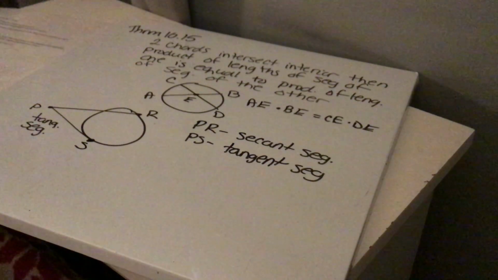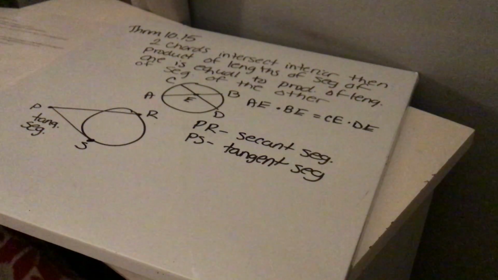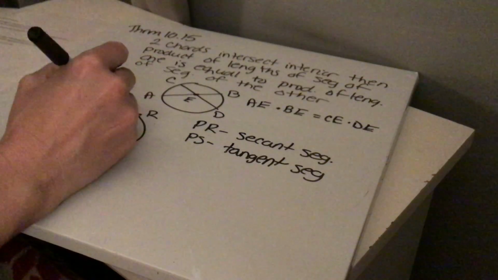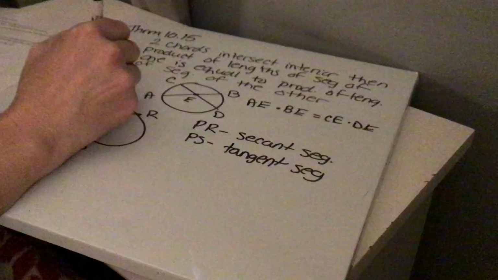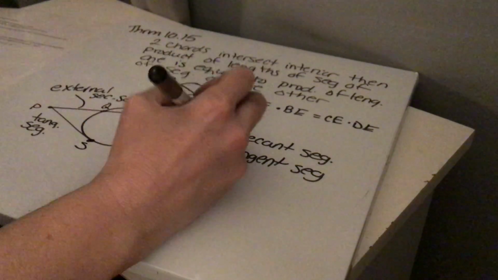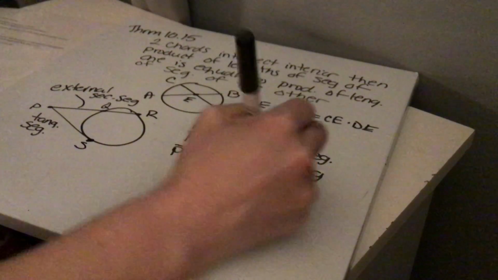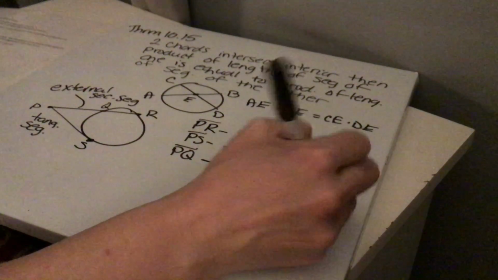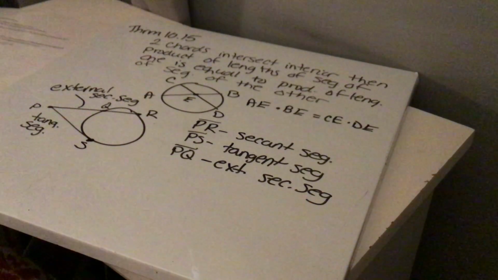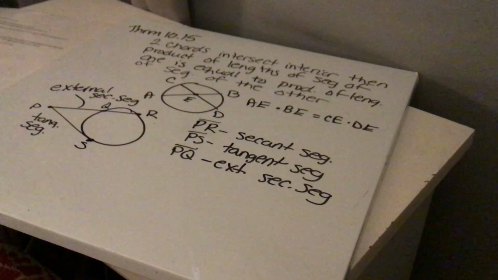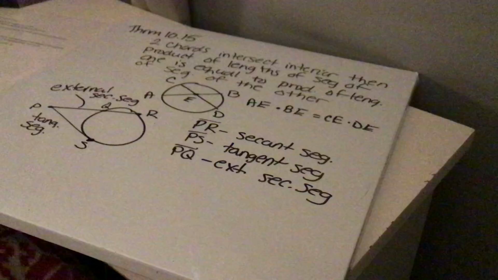And when you have a secant segment, you have an external secant segment, which is the part outside. So here PQ would be your external secant segment. It's the piece of the secant that is on the outside of the circle.